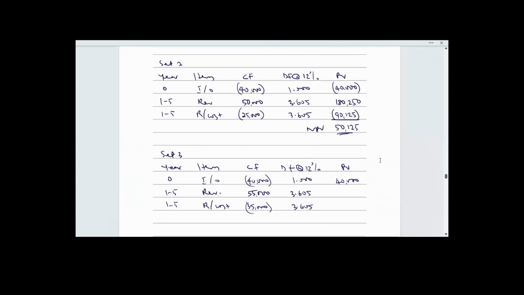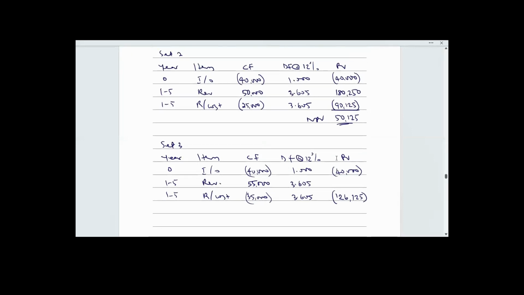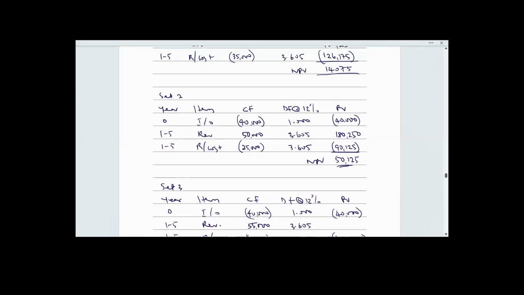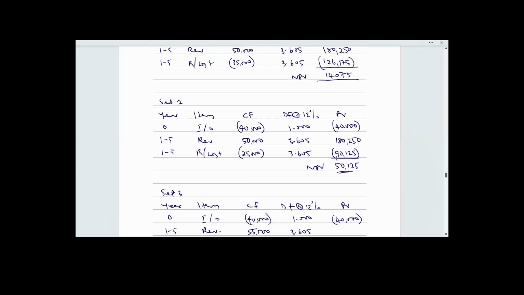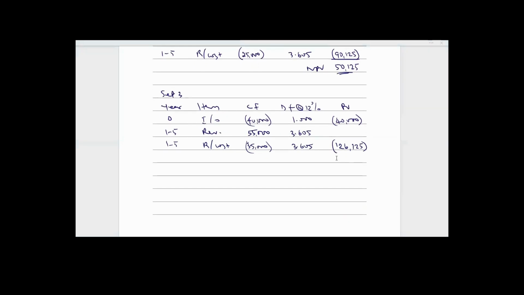What's your present value? Here is 126,125. What's your present value for revenue? 55,000 multiplied by 3.605 equals 198,275.